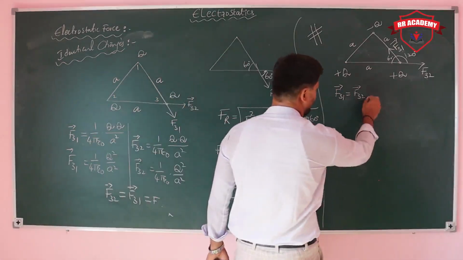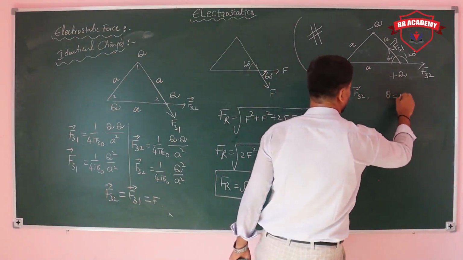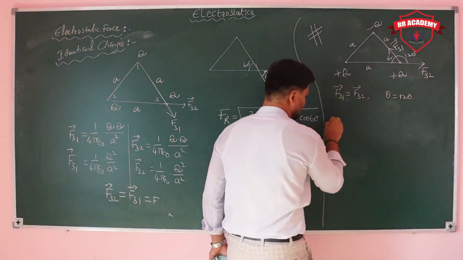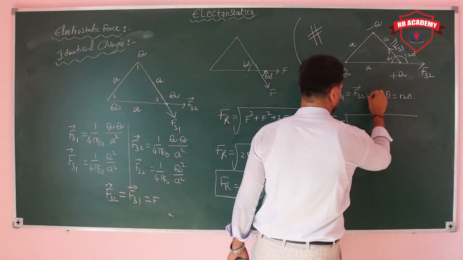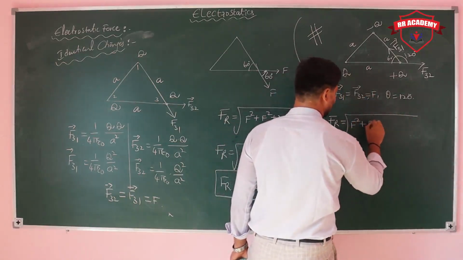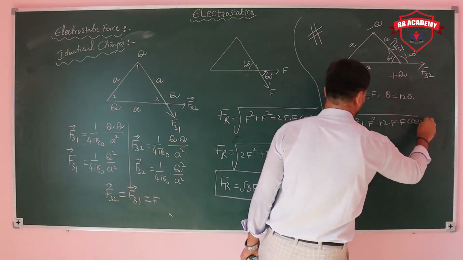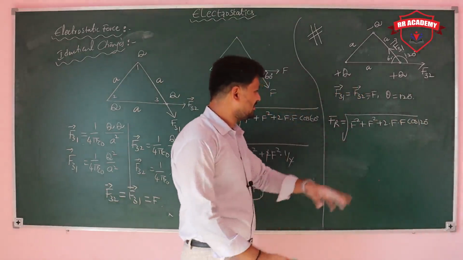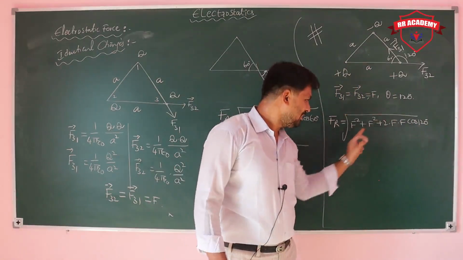So now see here. The angle between the forces is how much? 120 degrees. Then the resultant force is equal to under root F square plus F square plus 2 into F into F cos 120, where F is F31 and F32.